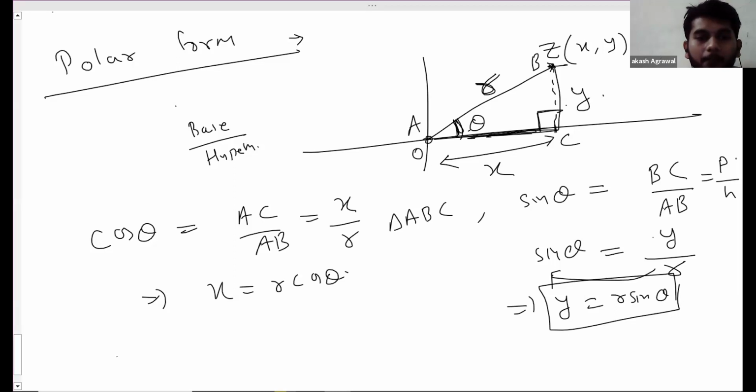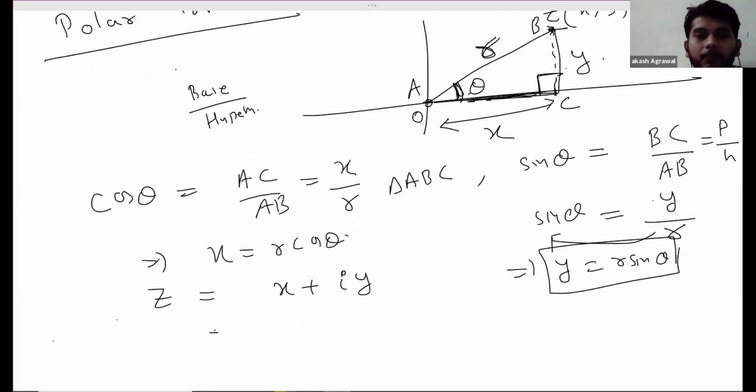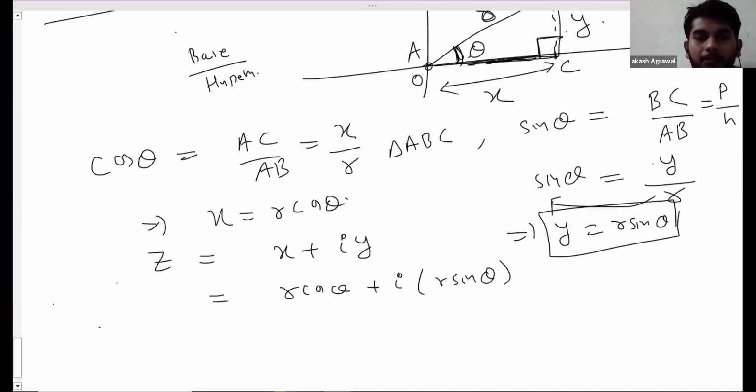Okay. Now complex number we know this is X plus IY. X की जगह हम लिख सकते हैं R cos theta plus I, Y is R sin theta. That means we can take R common.